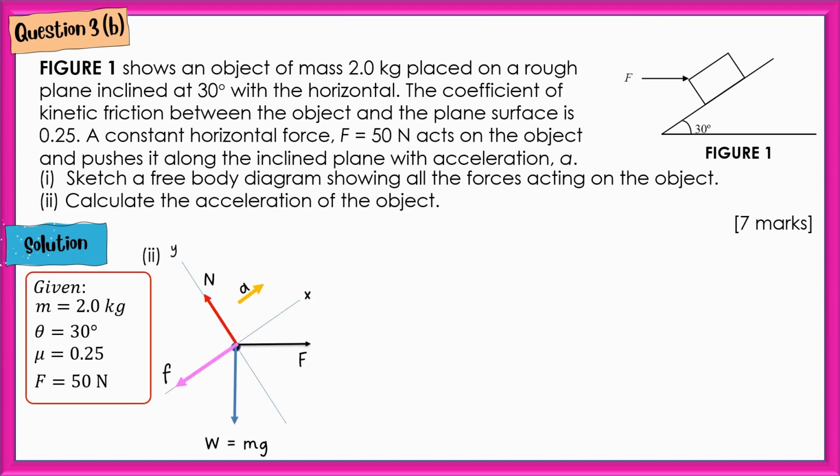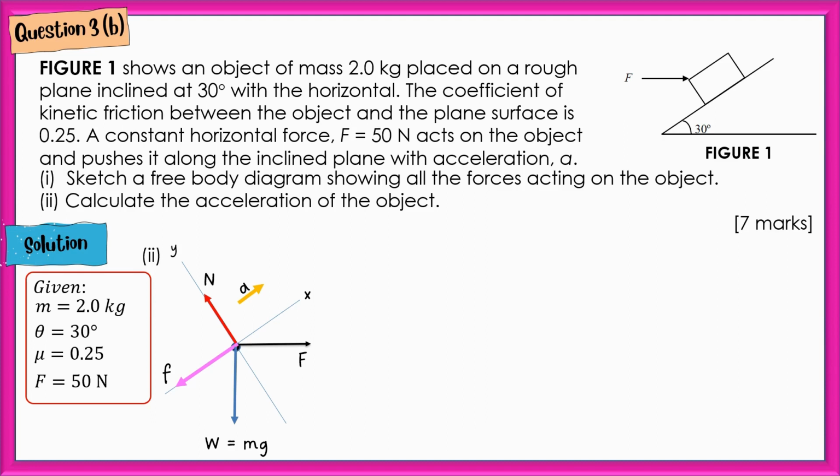For question number 3b2, you need to calculate the acceleration of the object. To calculate the acceleration, first identify from the free body diagram. My suggestion is don't use your answer in one. Sketch the free body diagram again, and then resolve the forces on the second free body diagram.